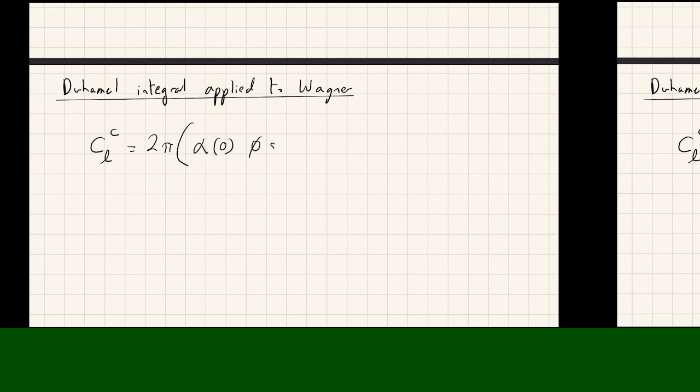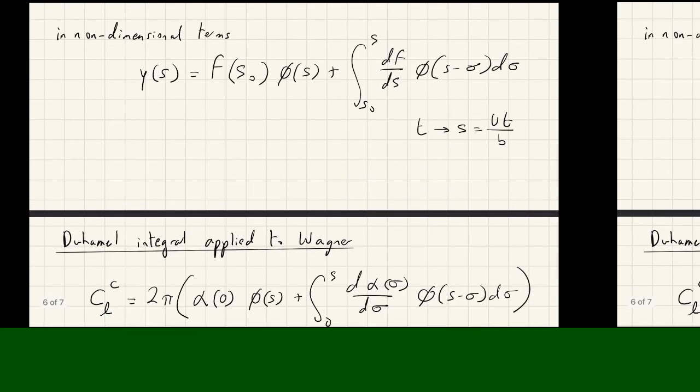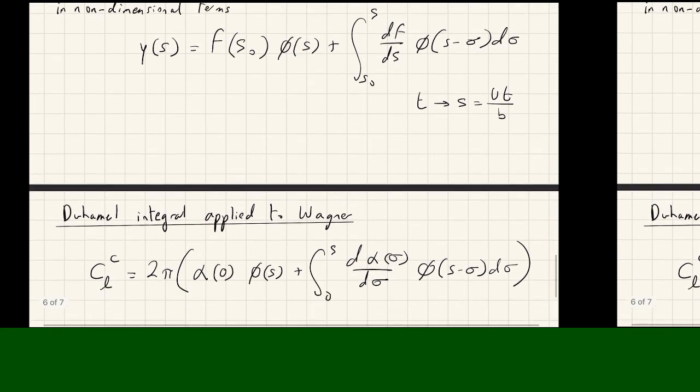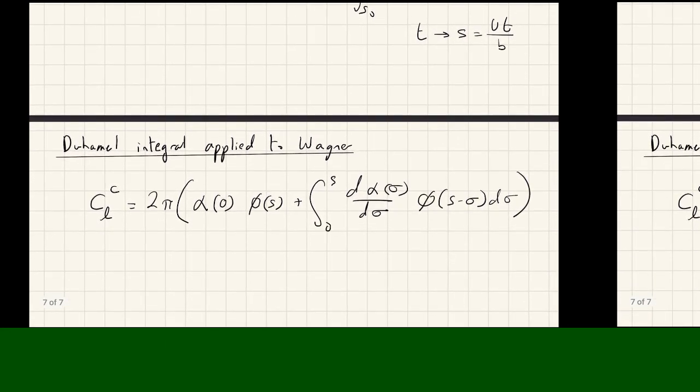Alpha of 0 times phi of s, plus the integral from 0 to s of d alpha of sigma over d sigma times phi of s minus sigma d sigma, which is, again, just an application of the non-dimensional dual integral, where alpha of 0 is f of 0, and d alpha of sigma over d sigma is df over d sigma.